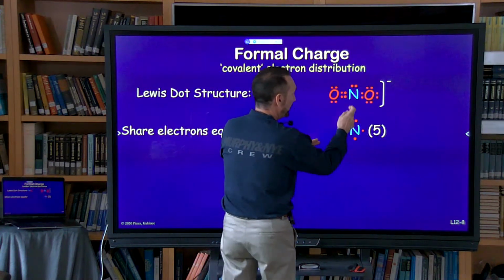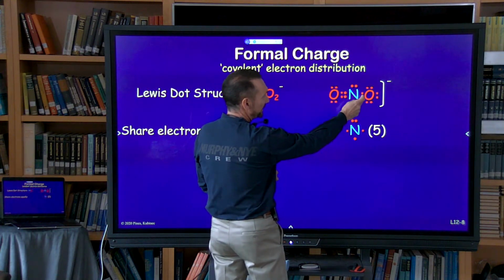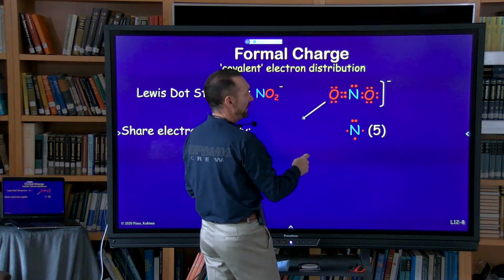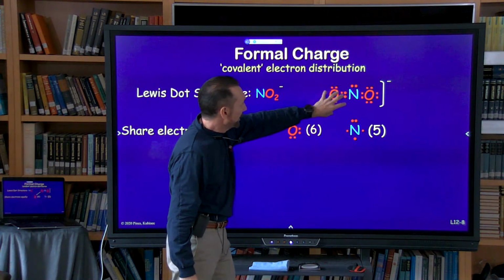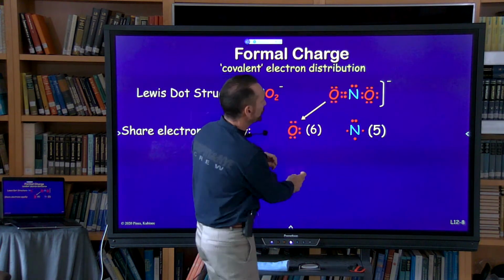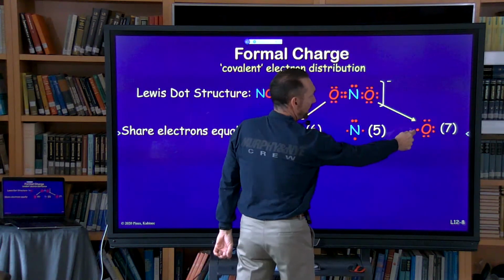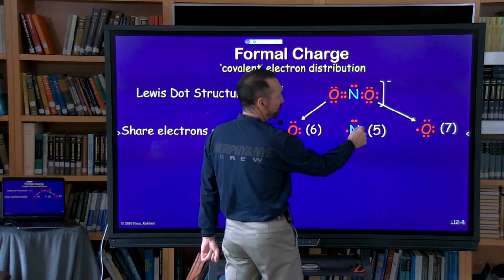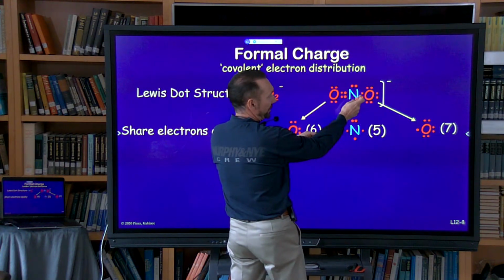So here the nitrogen, I've pulled it off, and I say, I can take half and you can take half. And I'm going to share the electrons equally. So nitrogen, you can have 2 and I'll take 2. And over here, I'm going to say this bond here, nitrogen, you take 1 and I'll take 1. So I've pulled it apart, shared those equally.